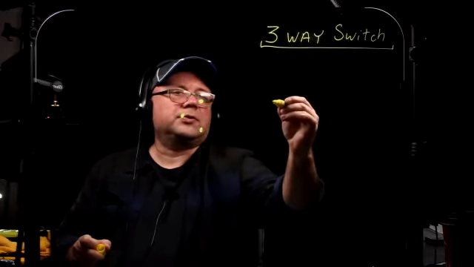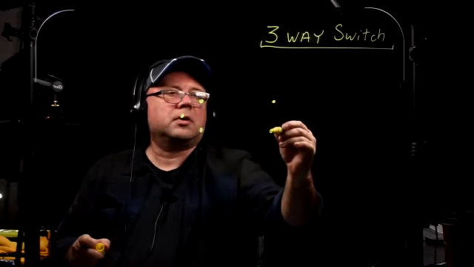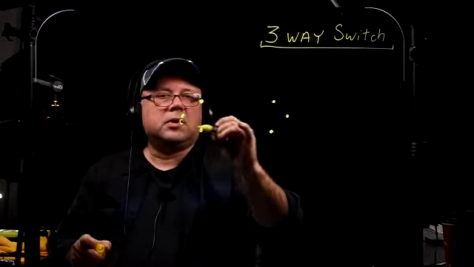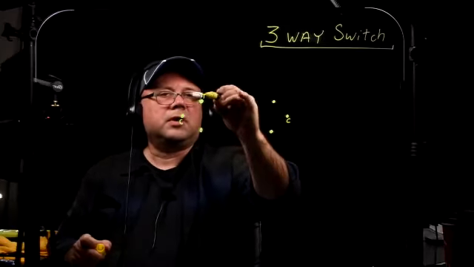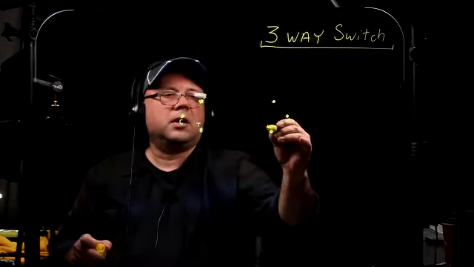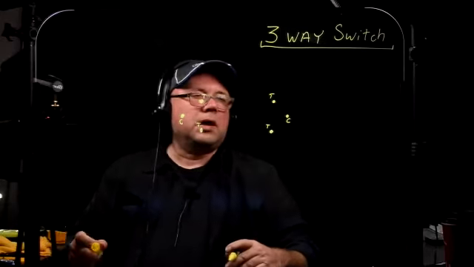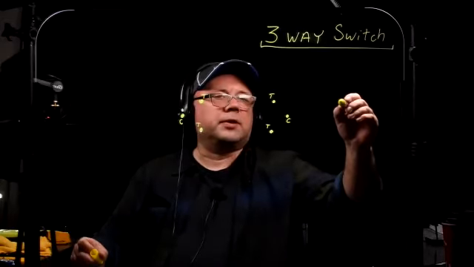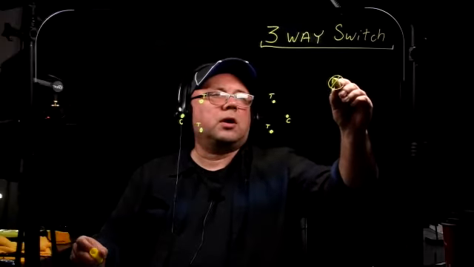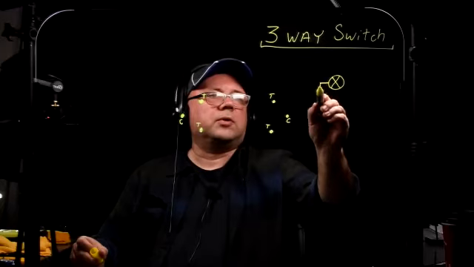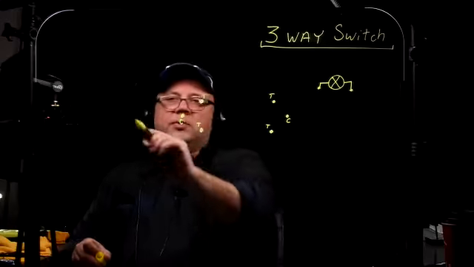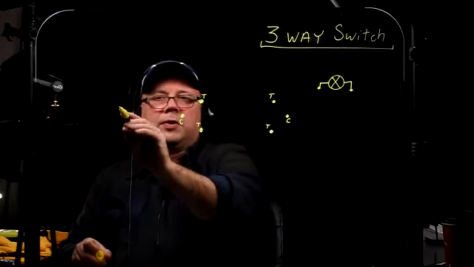Here's another switch. So this is common. This is common. This is traveler. This is traveler. And over here somewhere, we're going to have a light bulb connected, with its own terminals as well. And the power is going to be supplied to the first switch right here.